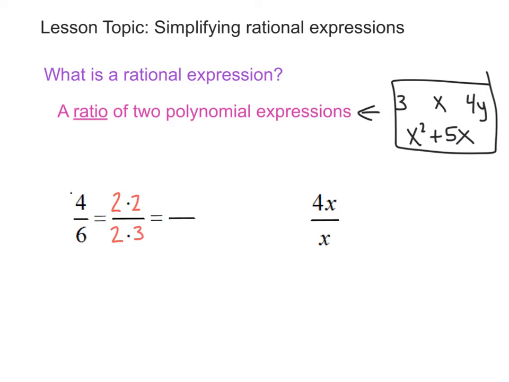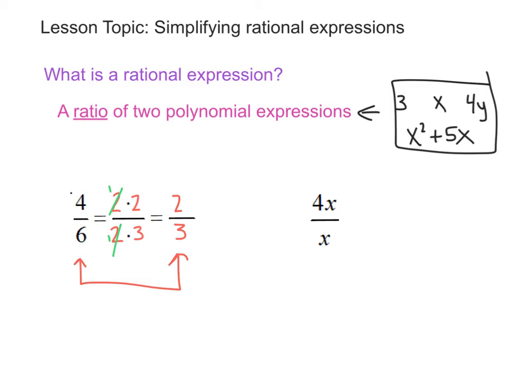The number 2 shows up in both, and so the 2 in the numerator and the 2 in the denominator you can think of as 2 over 2, which is 2 divided by 2, and 2 divided by 2 is 1. So then we end up getting 2 times 1 in the numerator and 3 times 1 in the denominator, and our fraction of 4/6 simplifies into the fraction 2/3.